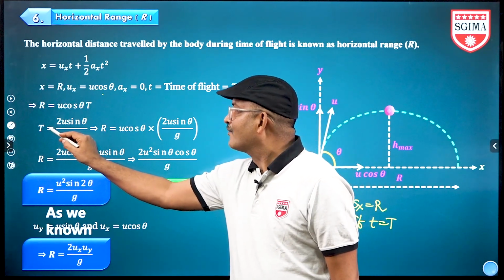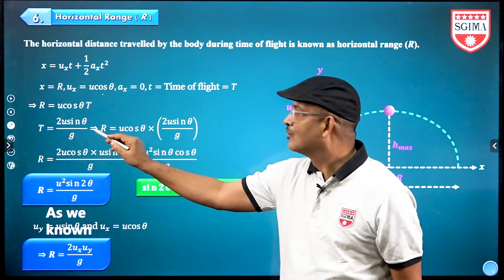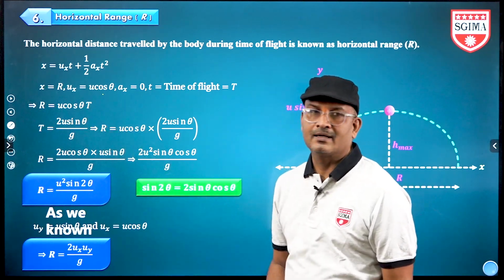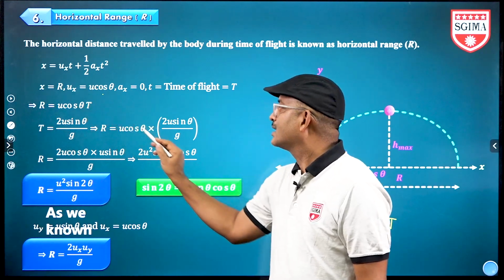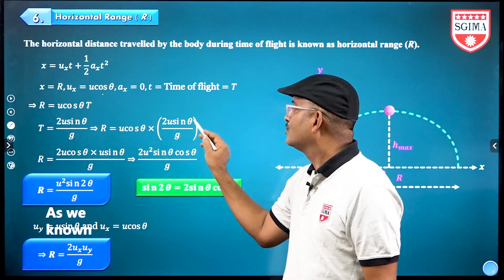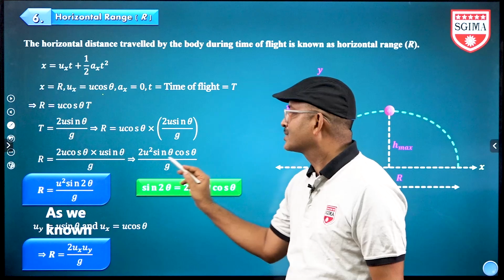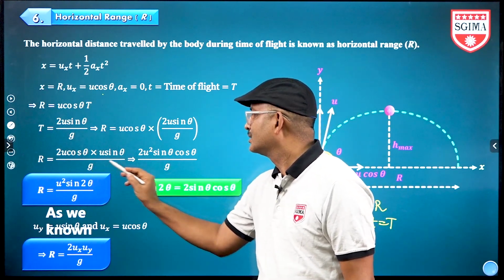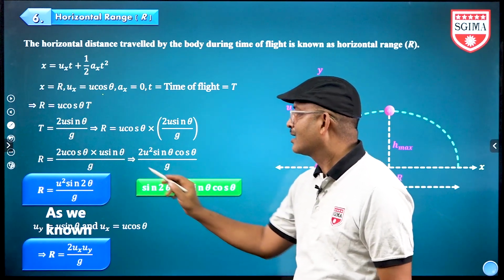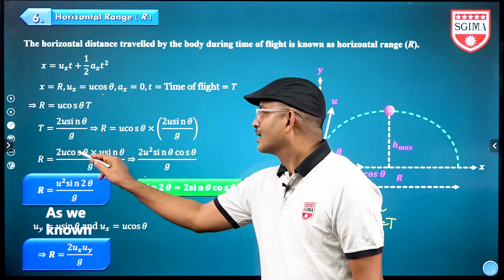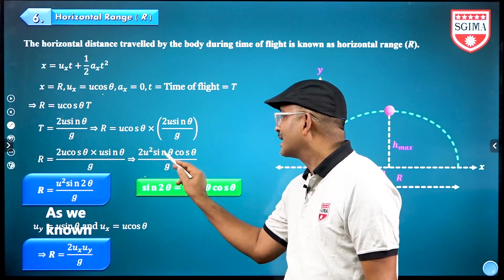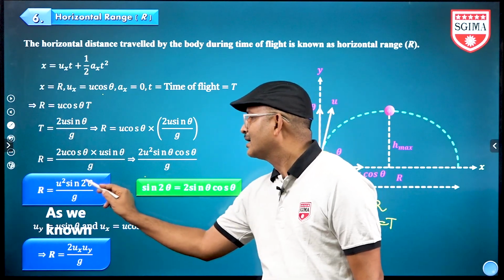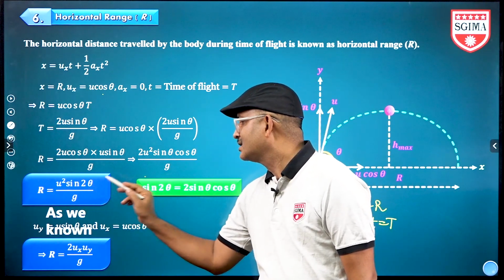But time of flight we already derived is 2u sin theta by g. So, range is equal to u cos theta into time of flight, 2u sin theta by g. I am substituting these values. I got 2u square cos theta sin theta by g. But 2 sin theta cos theta is sin 2 theta, so range is u square sin 2 theta by g.